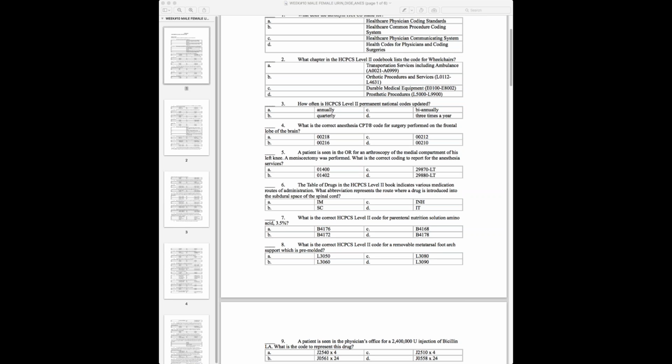Remember, you should have your need to knows written down, right? Penile prosthesis and where to find them, starting on page 342. In order to use letter A, 54411, it would have to state multi-component. So you might want to write multi-component next to 54411.